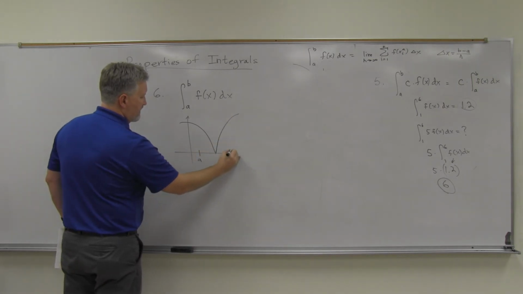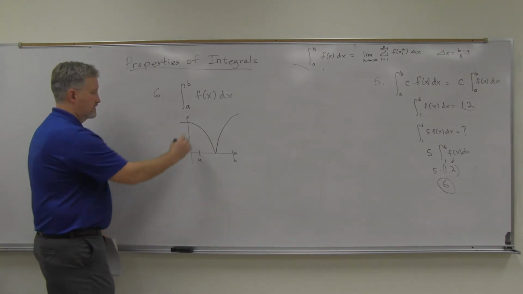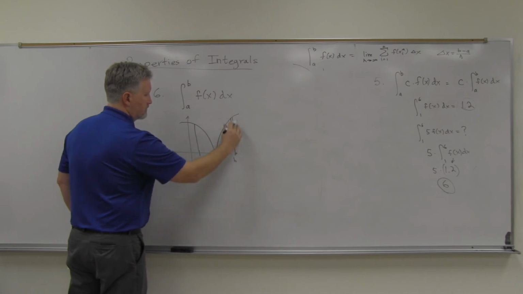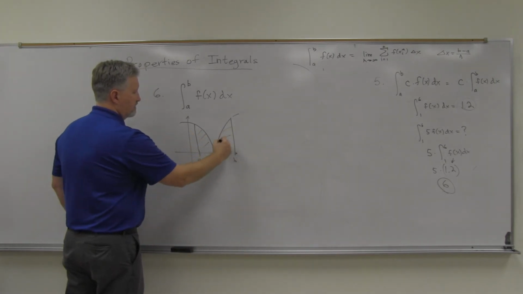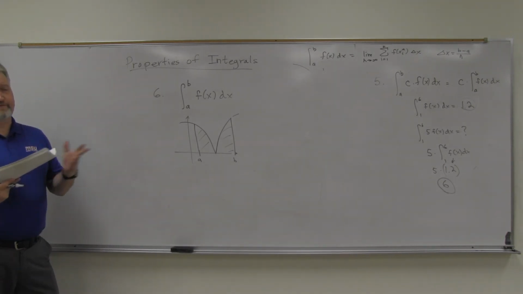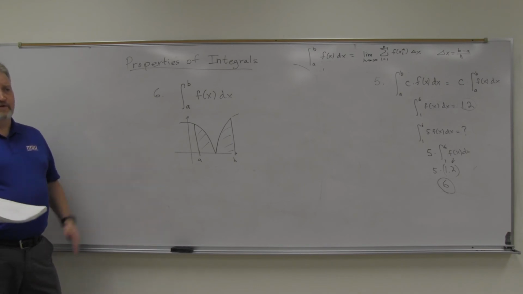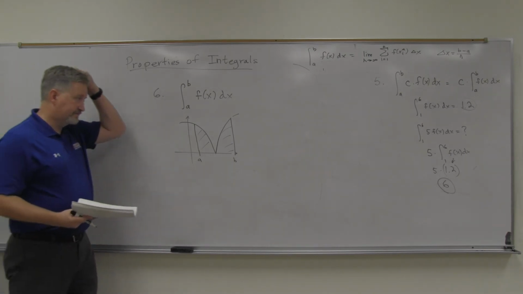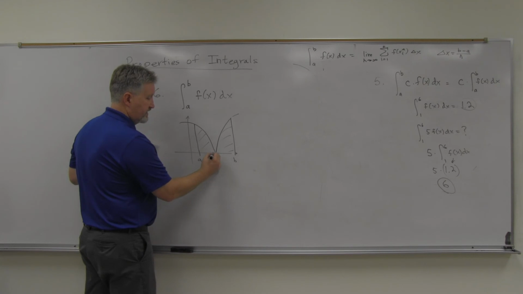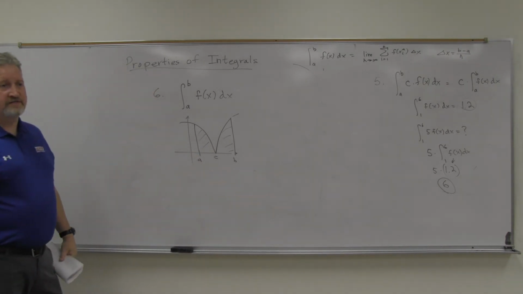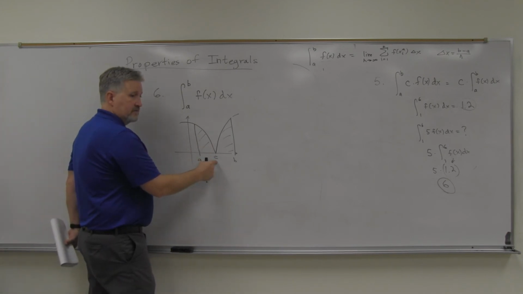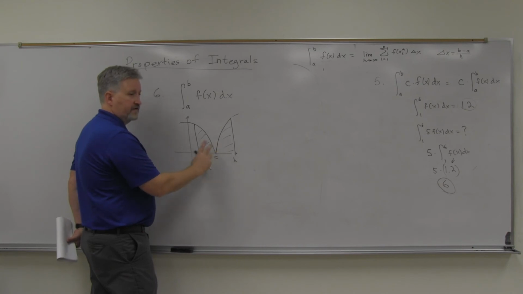Let's say we're trying to evaluate this a to b integral, which is this area here. Well, corners in our graph are problems. There are problems with derivatives and problems for integrals too. So it's going to be nice if I can break this up at this corner here, C. It doesn't have to be a corner necessarily, but that's a good example. If I could break this up at C, I could figure this out a little better.